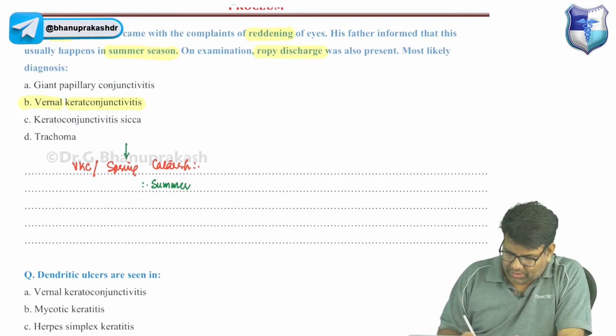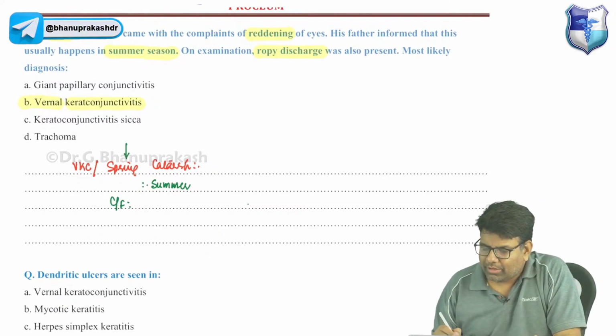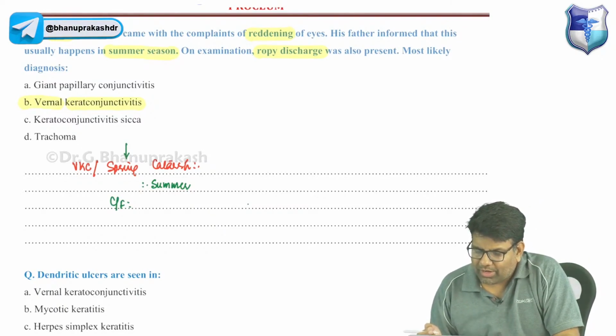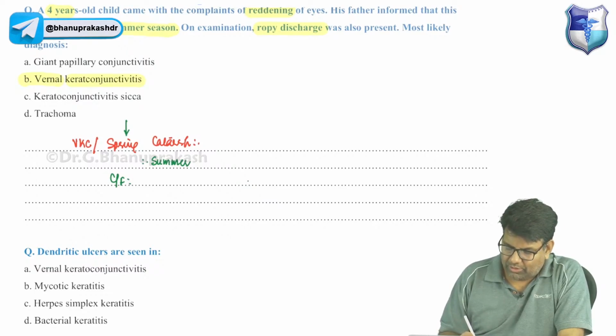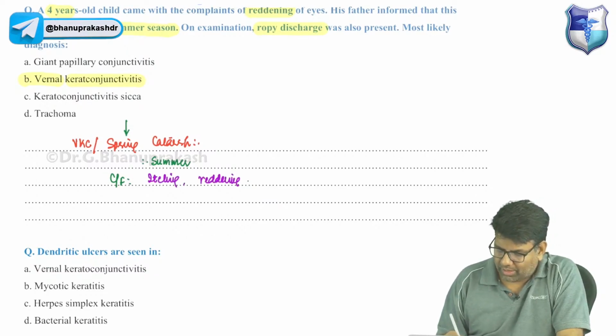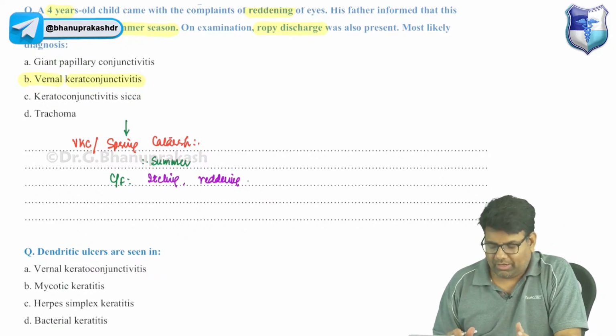And what are the clinical presentations we find? Yes, Horner Trantas spots, very good. Clinical features: the patient usually has itching, associated with reddening or photophobia. Itching is very important here.